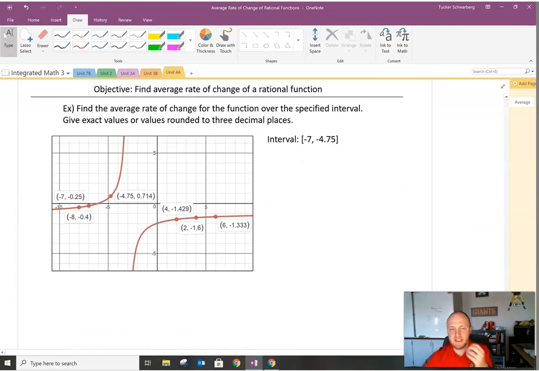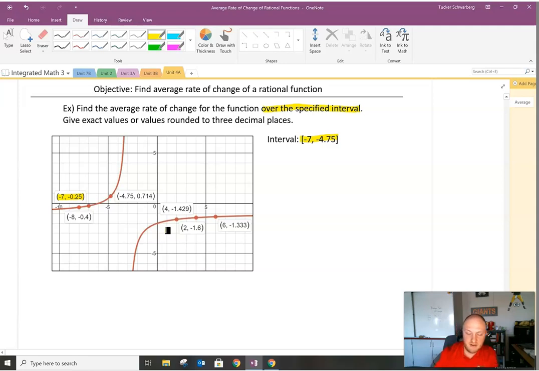Okay, last example that I'm going to go ahead and give you here, this time it is from a graph. So when they say find the average rate of change for the function over the specified interval, which is negative 7 to negative 4.75, I'm looking for those function values. So negative 7, well, negative 7 is right here. So here's my output.